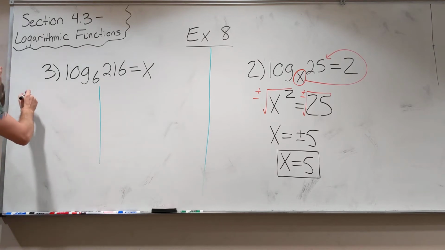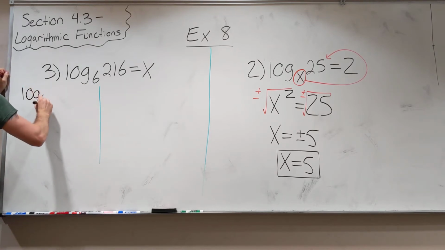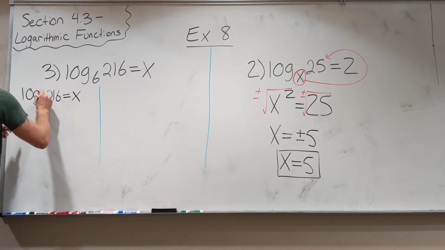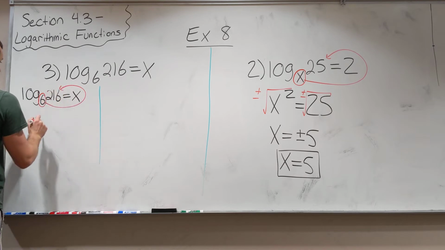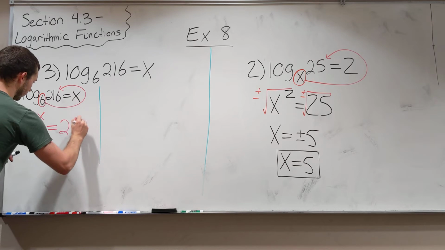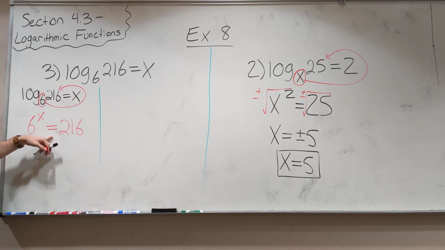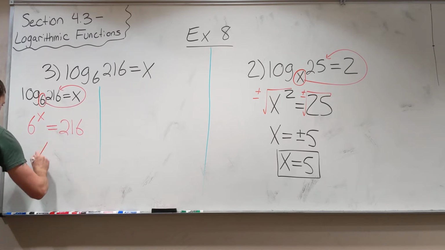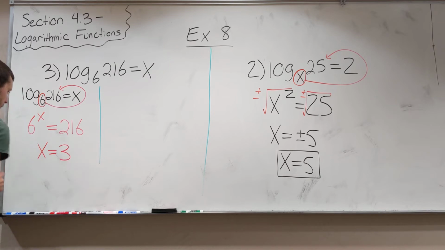So you can use the windmill method on one hand, and you would get an expression like this, which then you ask yourself, okay, 6 raised to what power gives you 216? And I'm pretty sure that is 3. So here we get 3.